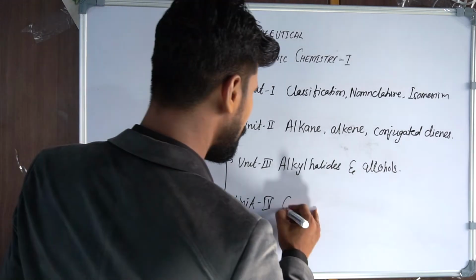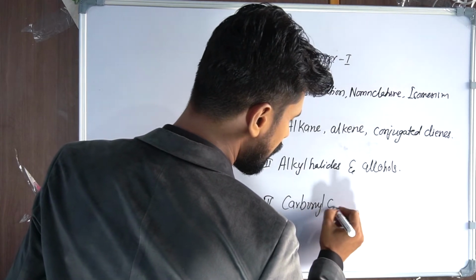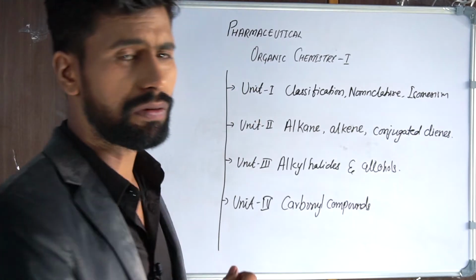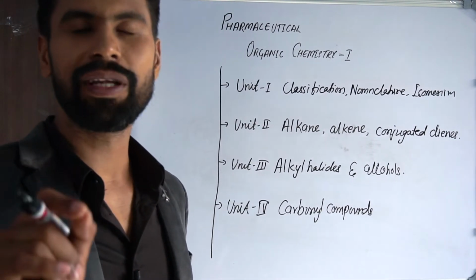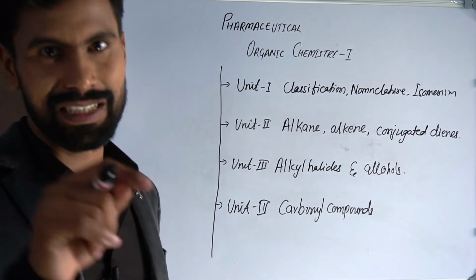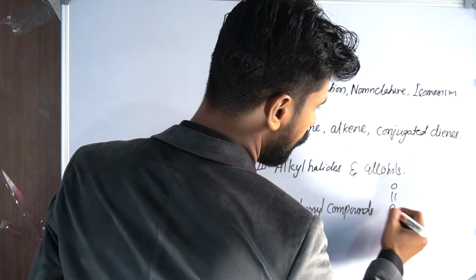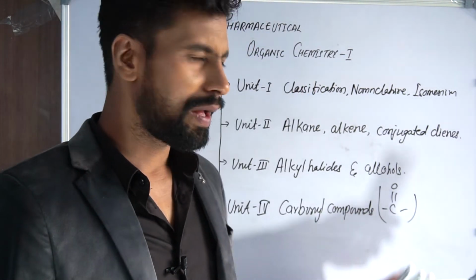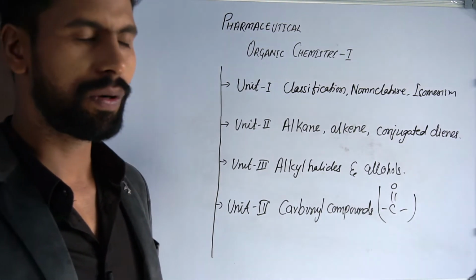So what do you mean by carbonyl compounds? Carbonyl compounds are those compounds which contain the carbonyl group. What is the carbonyl group? The C double bond O group, right? This group is called the carbonyl group, and you have seen this group in many organic compounds.